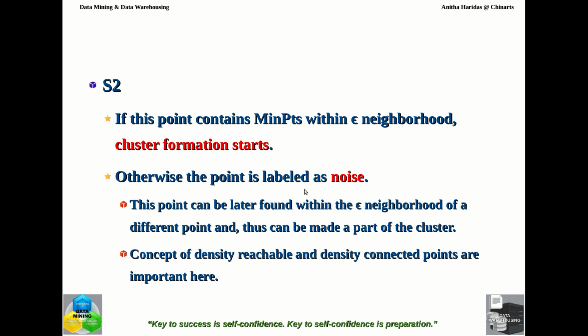Otherwise, the point will be labeled as noise, right? Initially, it will be labeled as noise. And this noise point can later be found within the epsilon neighborhood of a different point, and thus it can be made part of the cluster. Okay. The concepts of density reachable and density connected points are very important in this particular step.